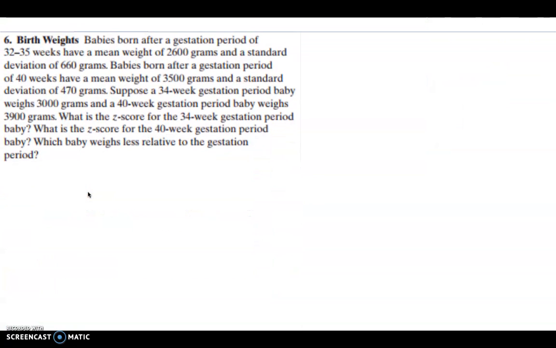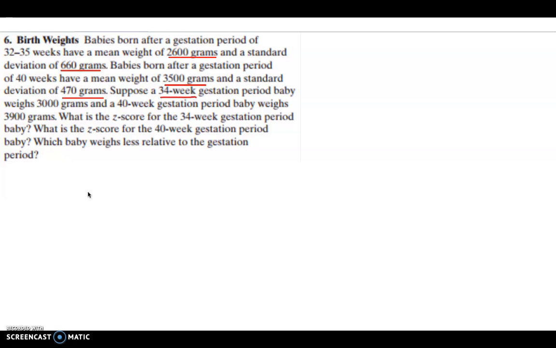Okay, so here's a question. Babies born after a gestation period of 32 to 35 weeks have a mean weight of 2,600 grams, and a standard deviation of 660 grams. Babies born after a gestation period of 40 weeks have a mean weight of 3,500 grams, which should not be surprising if they're in the womb longer, and a standard deviation of 470.